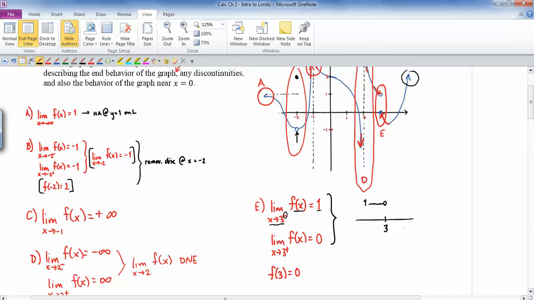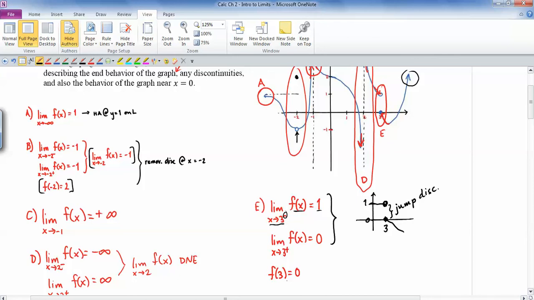And as x gets close to 3 from the right side, the y value is 0. So this is a y value of 1, y value of 0. No matter what, you've got this hole here and then a jump. So you can definitely determine that that defines a jump discontinuity.